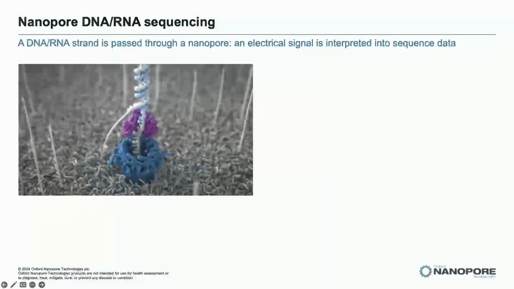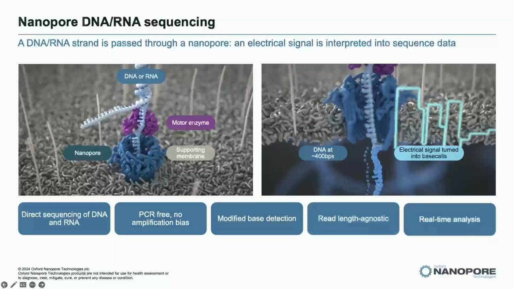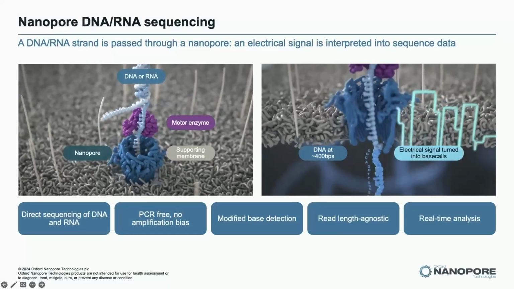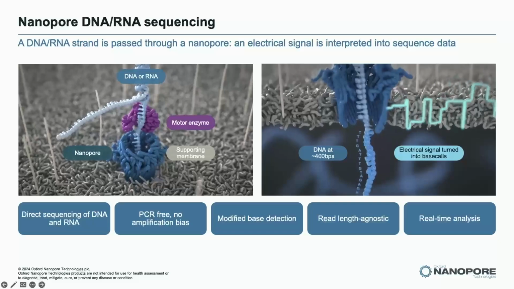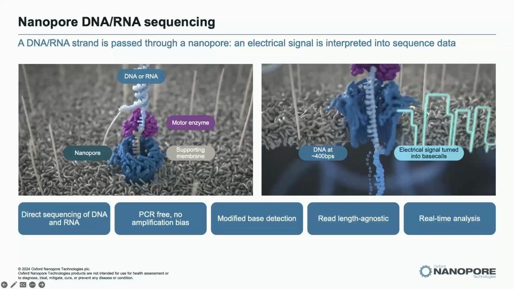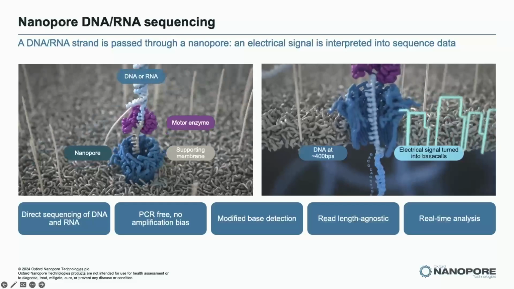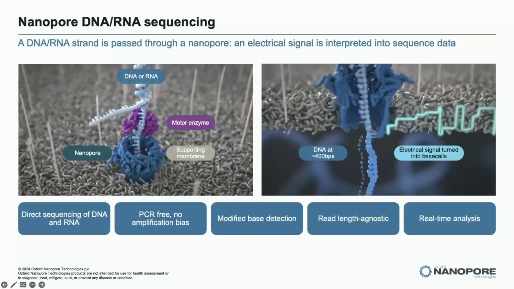Just to bring everyone on the same page, I'm just going to very briefly remind everyone what our technology is about. We are obviously sequencing technology. We sequence DNA and RNA strands. At the heart of our technology lies a nanopore that's embedded in a synthetic membrane.